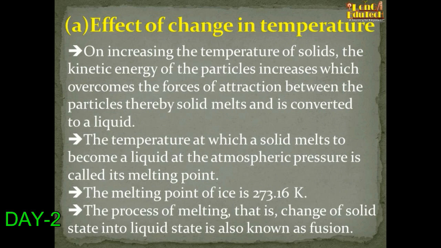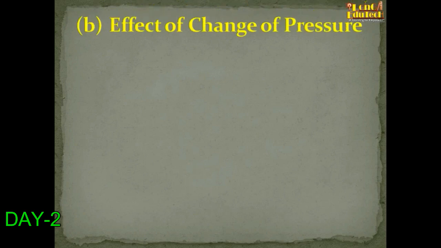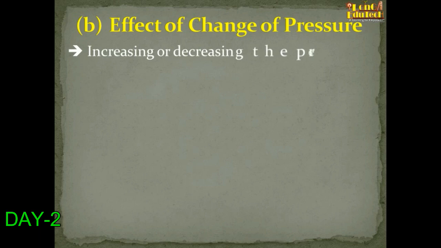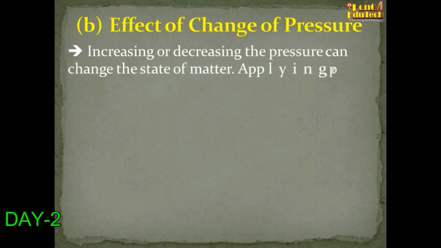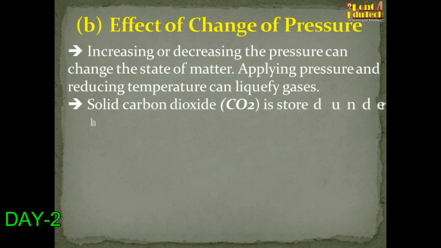Okay, now we'll discuss the next, the effect of the change of pressure. Increasing or decreasing the pressure can change the state of matter. Applying pressure and reducing the temperature can liquefy a gas.